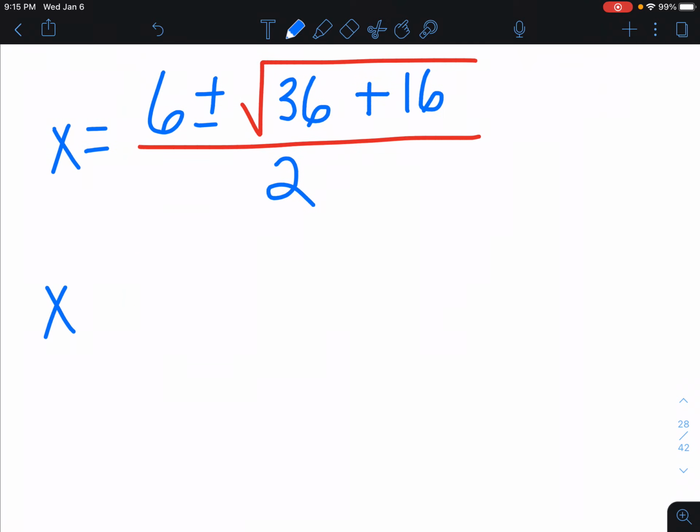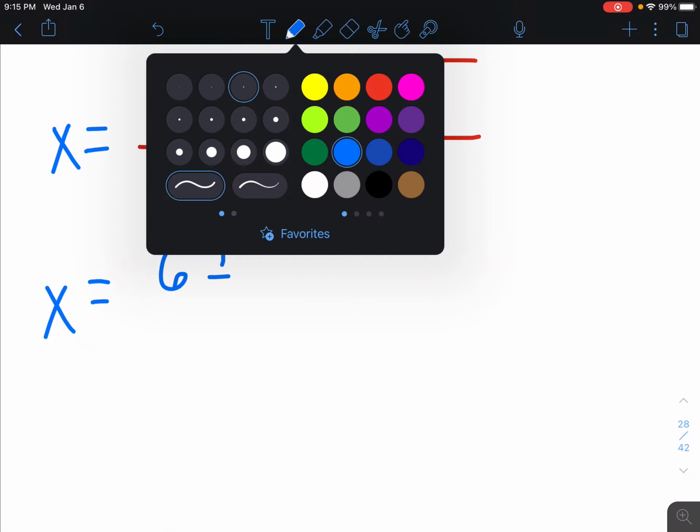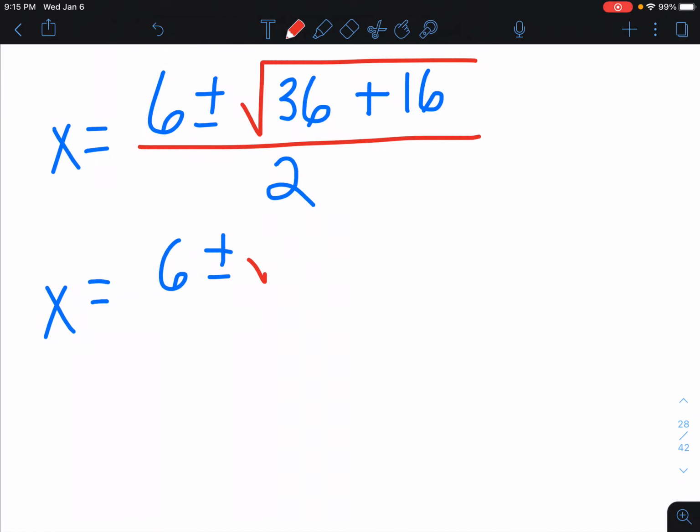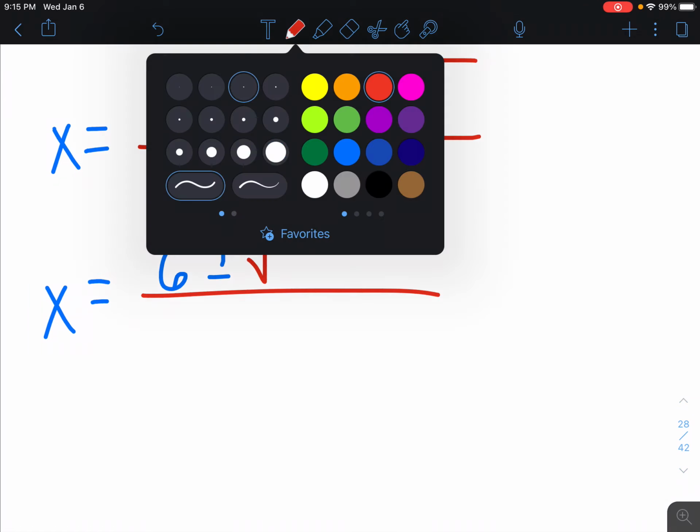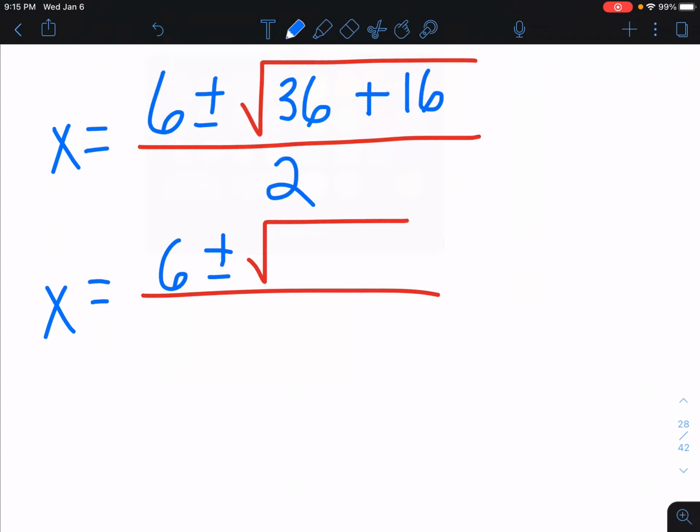After that, simplify it, add or subtract in your radical. That'll be, let me just bring this down. So we're adding 36 plus 16 to get 52. Now we must break down our radical. Now I do know a perfect square to simplify this.